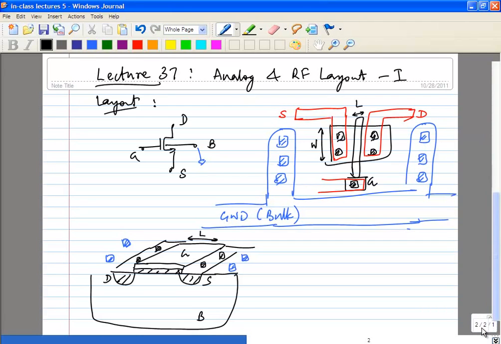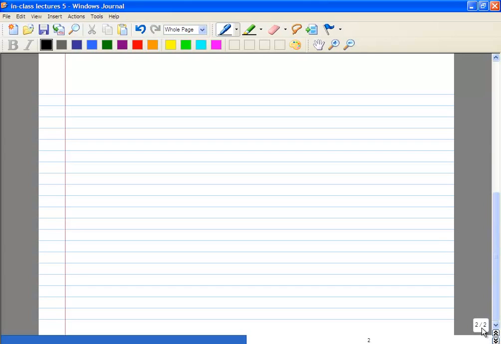So if you have, for example, interviews with companies, you can either expect direct questions on how you would lay out certain things, or once you join the company, they'll probably expect you to know layout, enough to at least direct a layout engineer. Okay, so obviously the responsibility is with the designer.